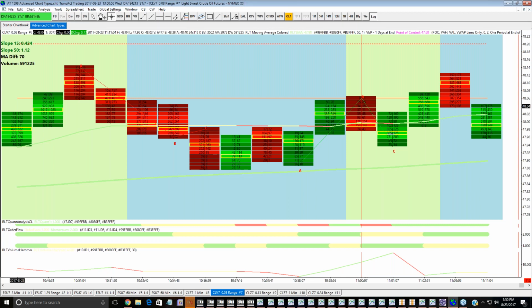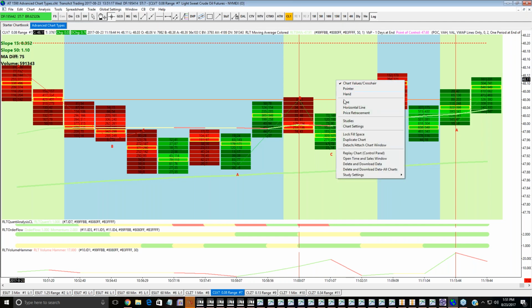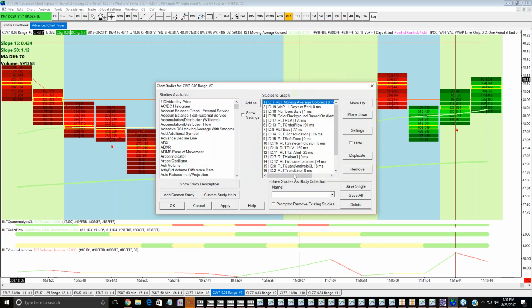Now, remember, I may have talked to you about it in the past, but when you come into a long trade point of control, you're coming into an area of support. Because you know a significant number of traders, this is an area of intense buying. So, and let me change it to the histogram again. So you have to be very careful when you trade.